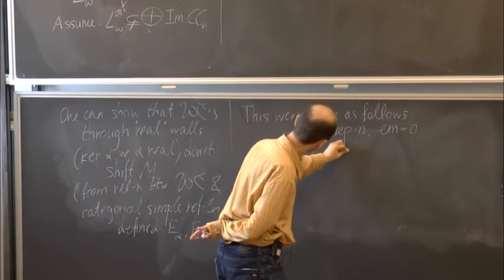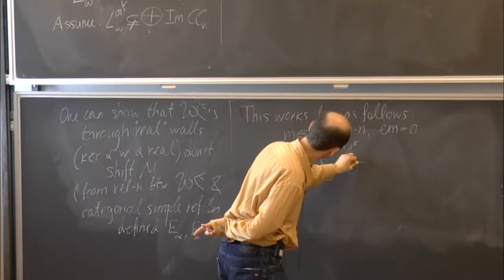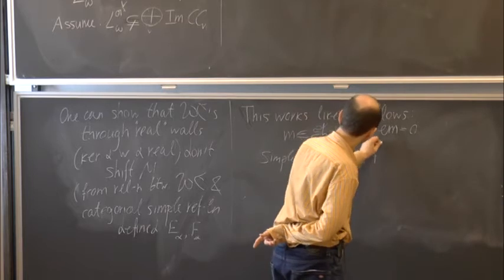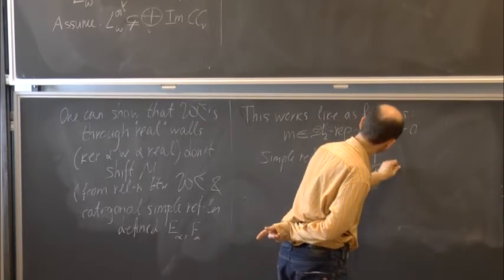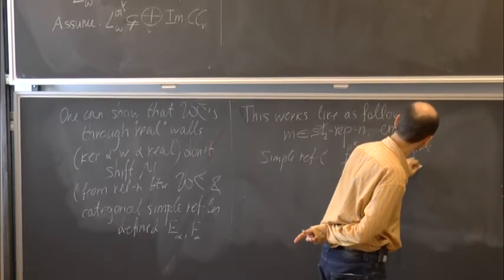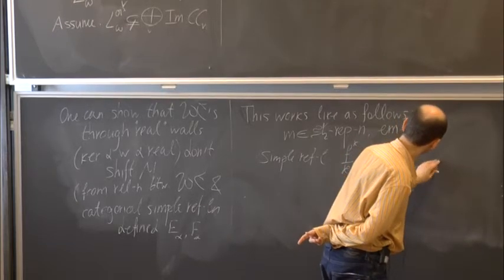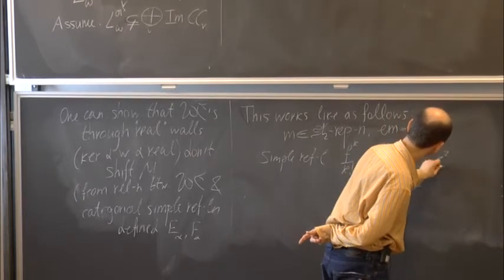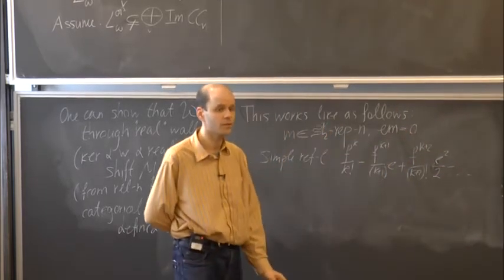It's something like f^k over k factorial minus f^(k+1) over (k+1) factorial e plus f^(k+2) over (k+2) factorial e squared over 2 minus and so on. Right? So that's a formula.